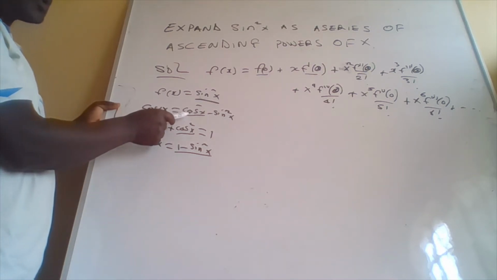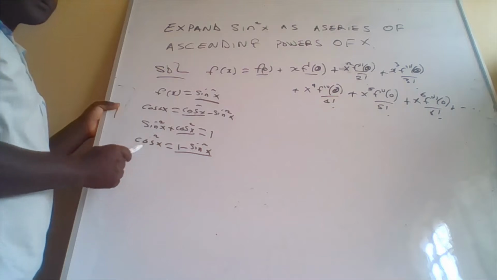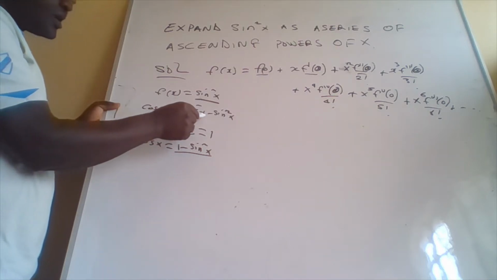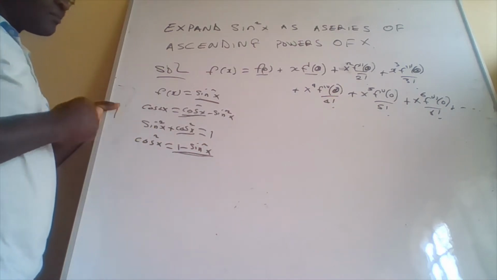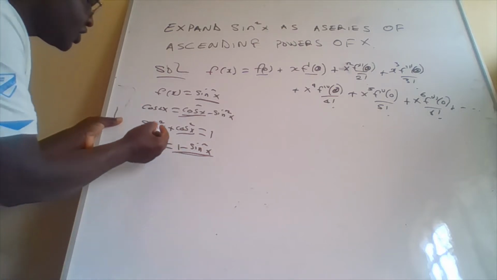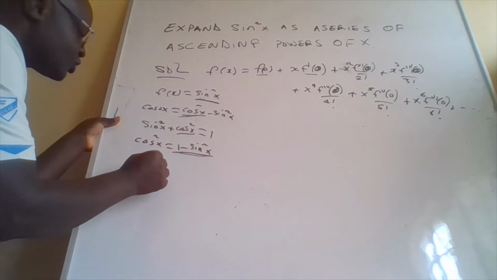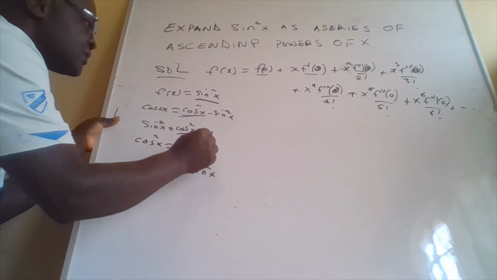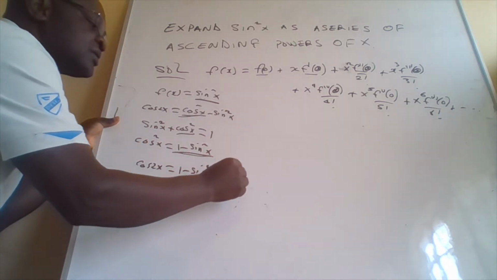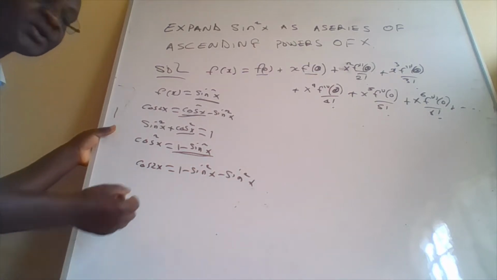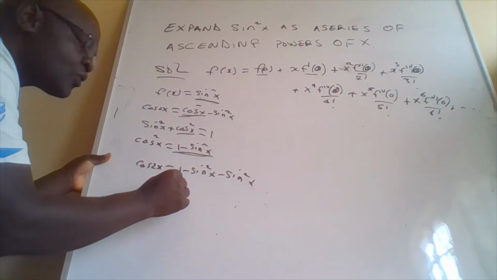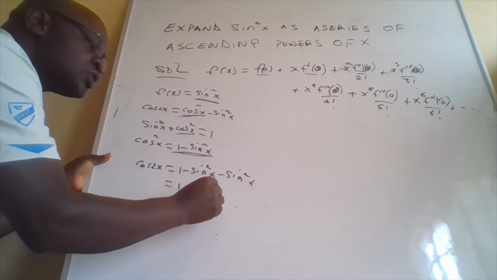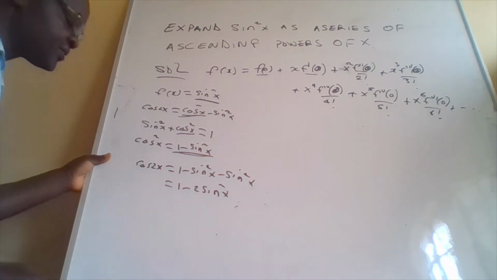I want to express cos x squared in terms of sine x squared. Therefore, I replace this by that one. So when I do that, I have cos 2x equals 1 minus sine x squared, then minus sine x squared. So the equation becomes 1 minus 2 sine x squared.